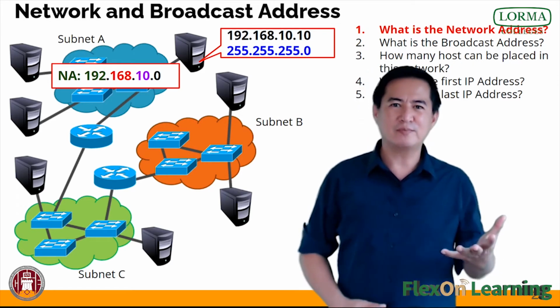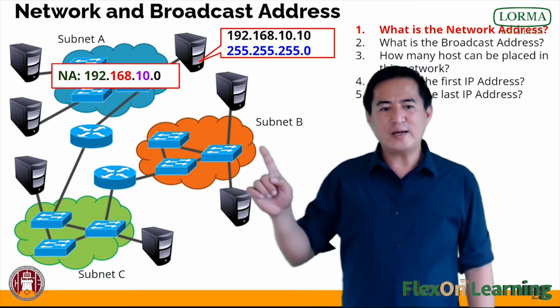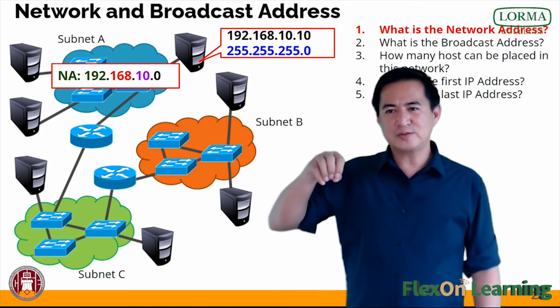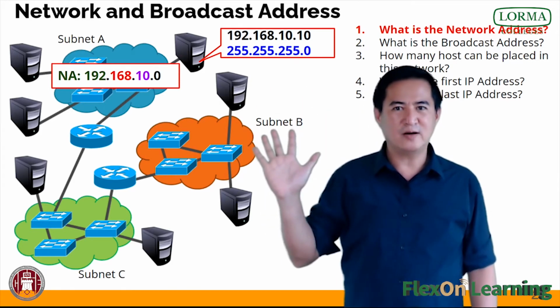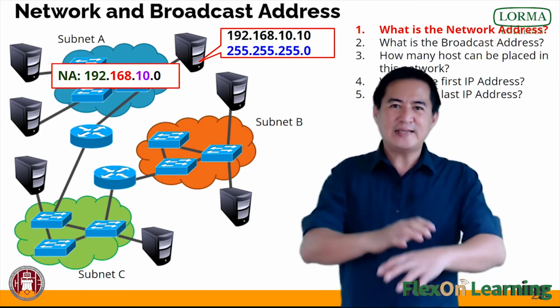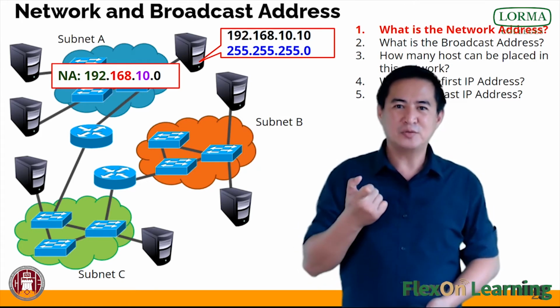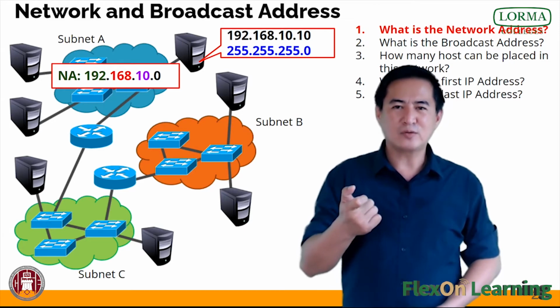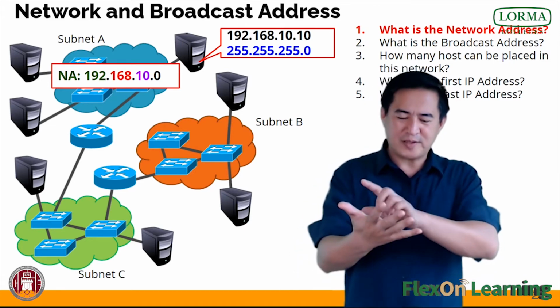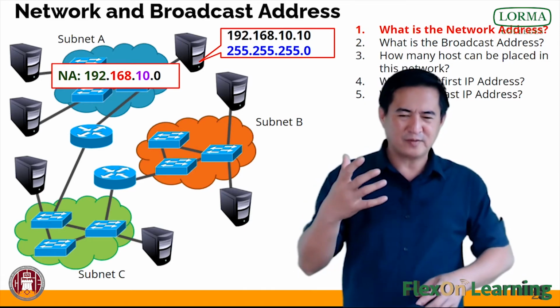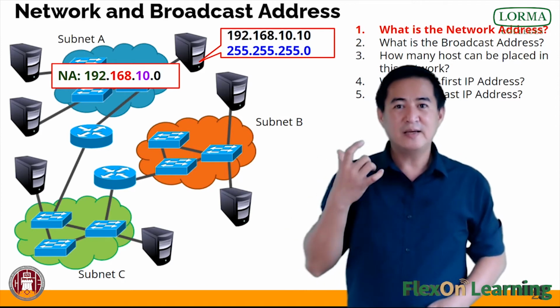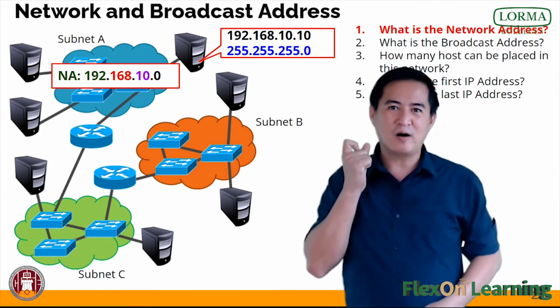By the way, what is a broadcast address? If one of these computers would like to send a message to all of the computers in that particular subnetwork, there should be some address to contact with. Something like you press a button in your phone, dial that number, and then voila, you have a group call.